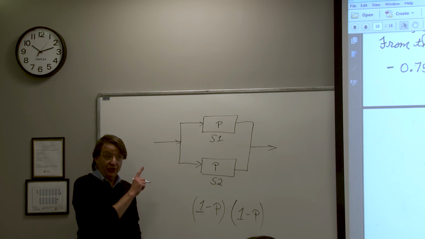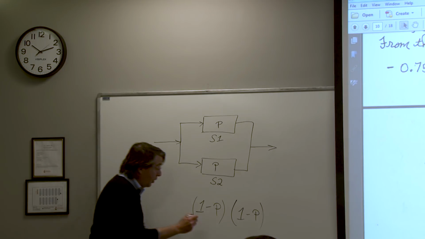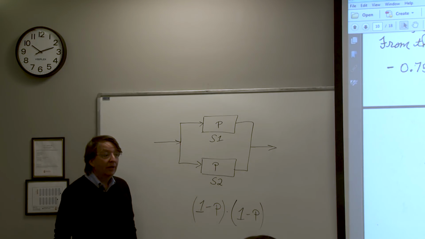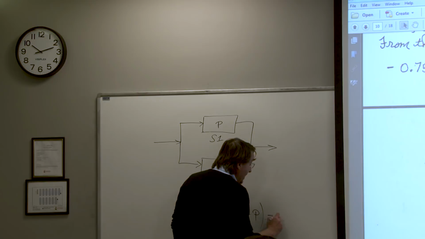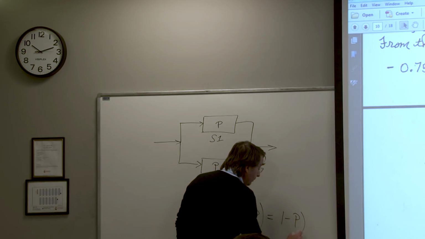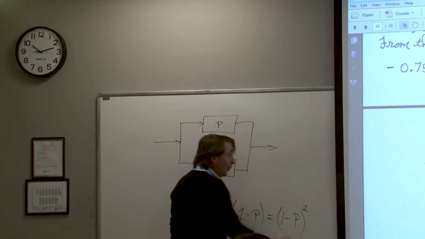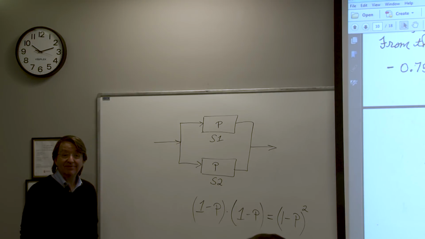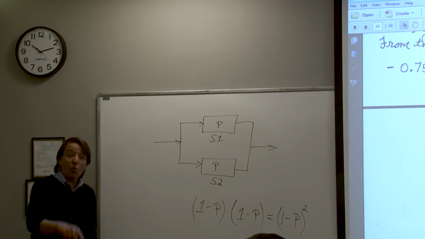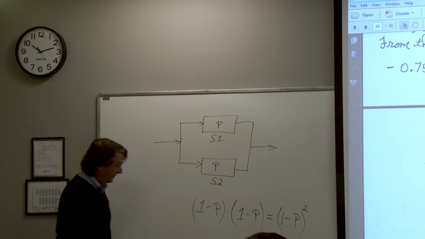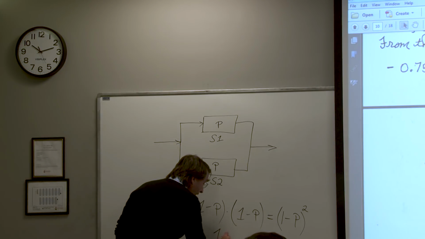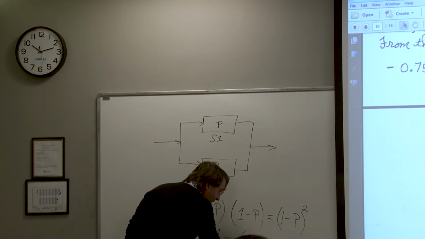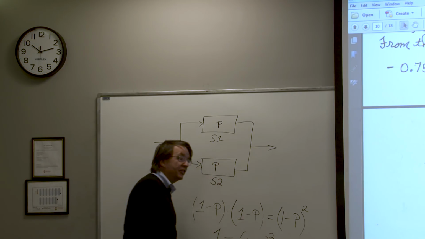When the upper path and the lower path do not work. So the probability of this not working is 1 minus P squared. What's the probability of it working? 1 minus that. Now that's easy.